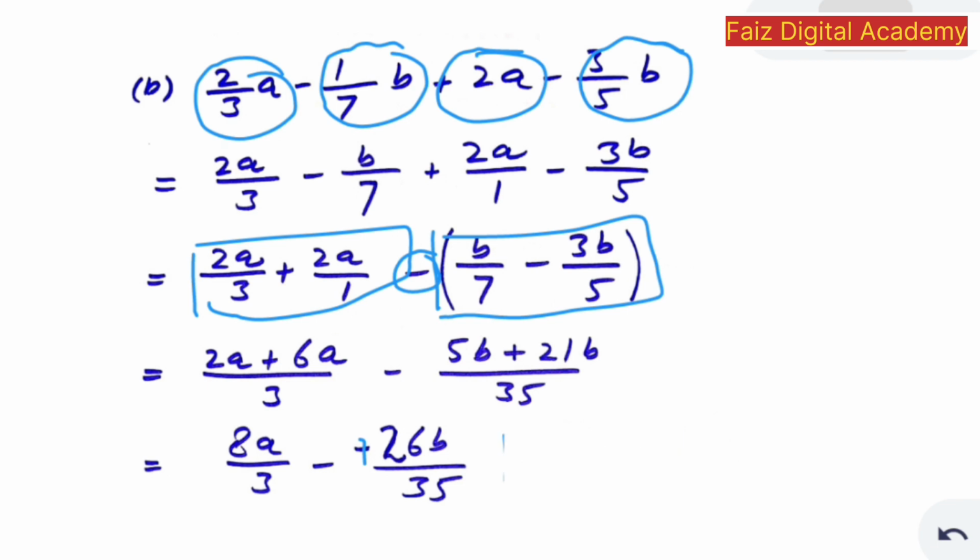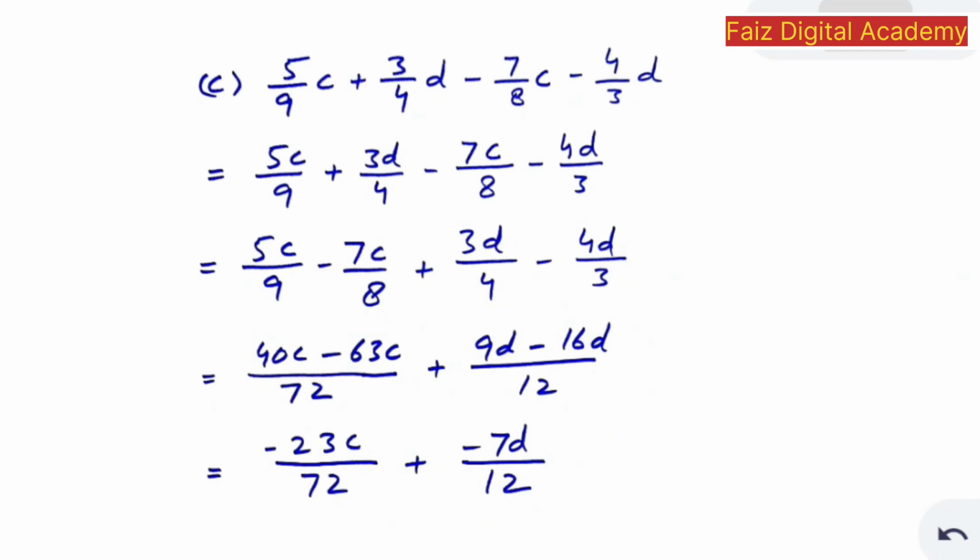So you can see that this question is solved. The negative sign remains as such, and this plus plus is plus, so we add 5 to 21 and we get 26b over 35. So this is the answer of this question.